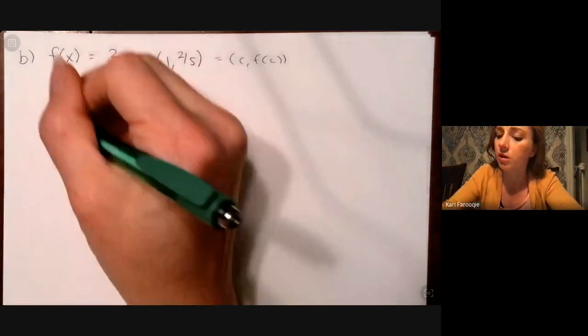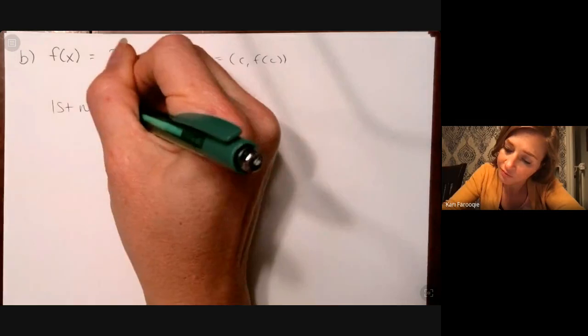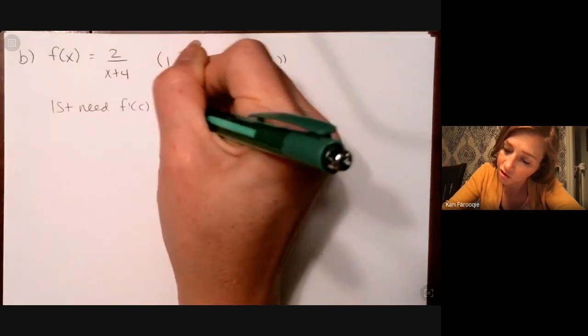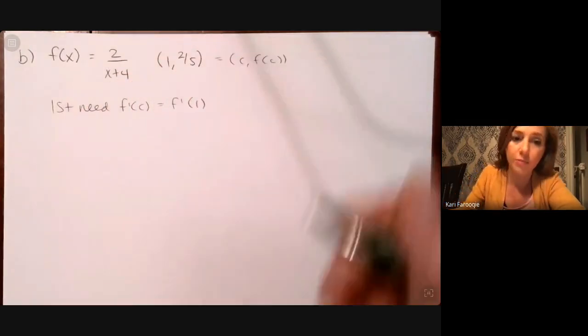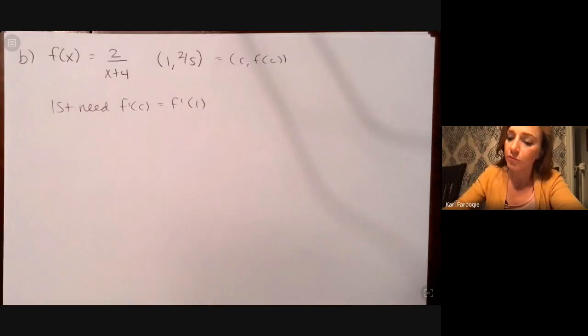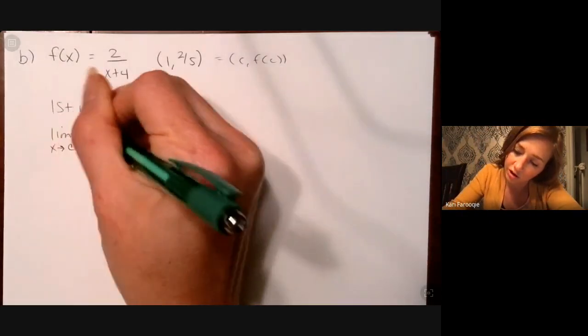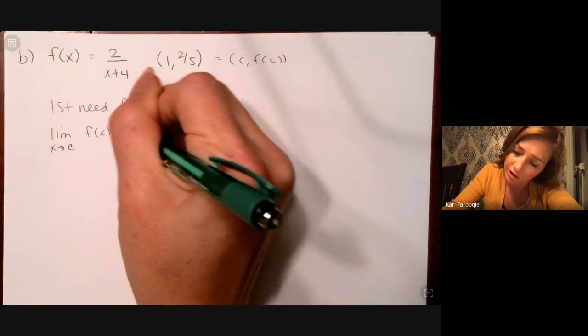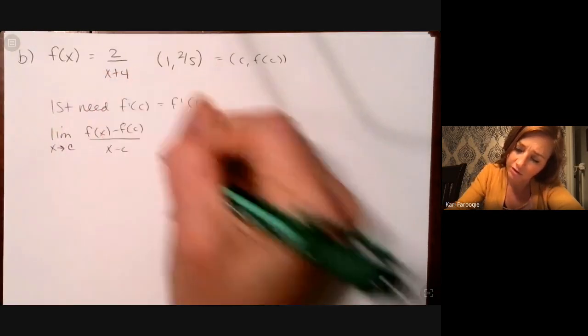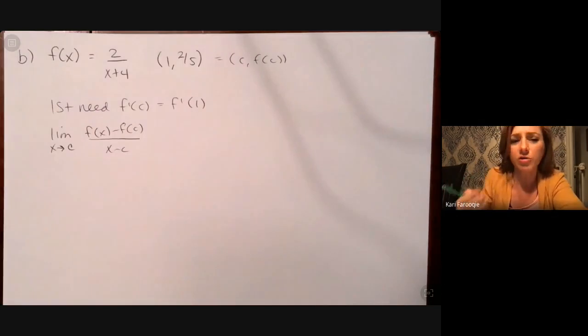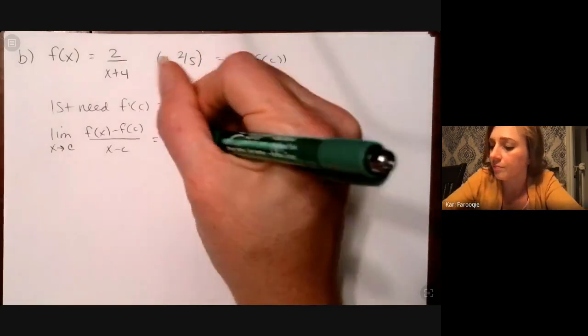Okay, first we need f prime of c, which in our case is f prime of 1. So we're going to take the limit as x approaches c of f of x minus f of c divided by x minus c. Get used to writing that. We're going to use this limit a lot, and the more you write it, the more you're going to have it memorized, and the less you're going to have to worry about looking it up every time.